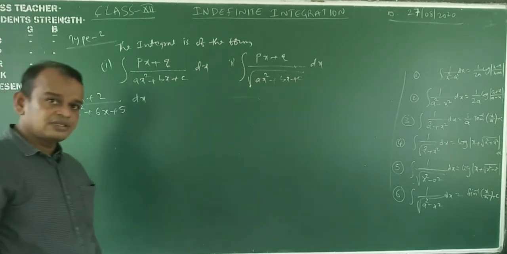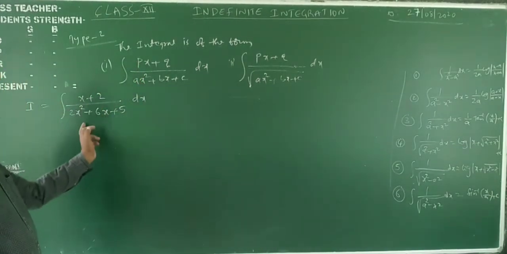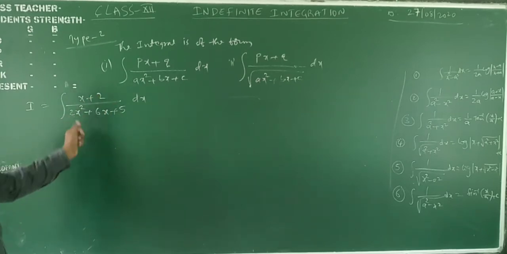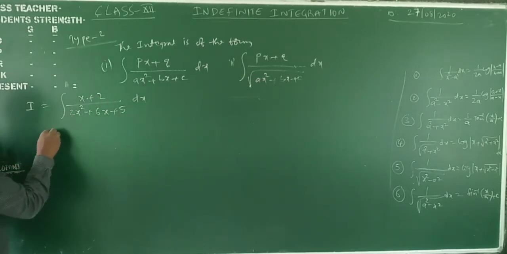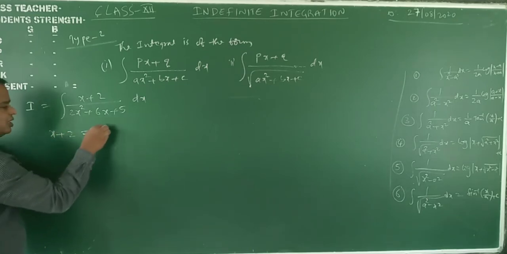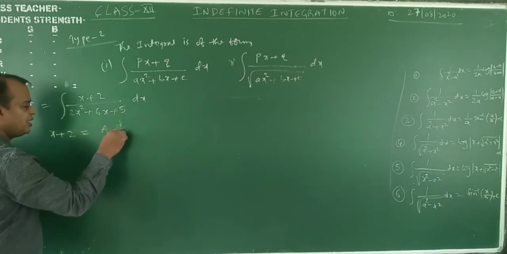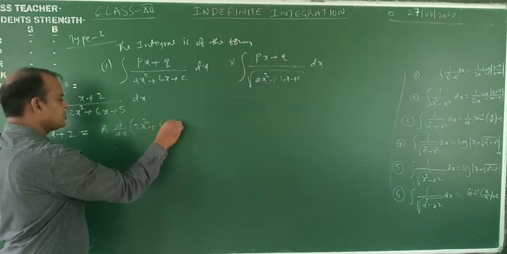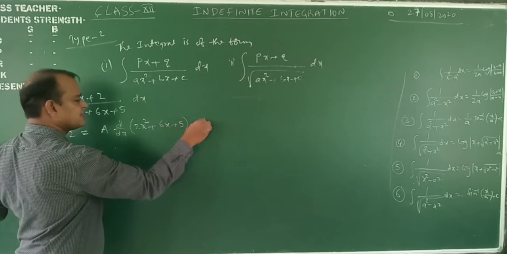Okay, my dear students, now observe: what is the numerator? x plus 2, linear by quadratic. Now the numerator x plus 2 is equal to A into d by dx of 2x square plus 6x plus 5, plus B.